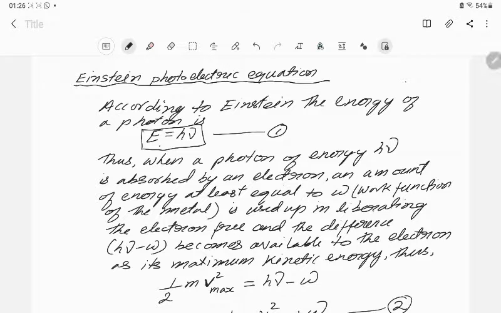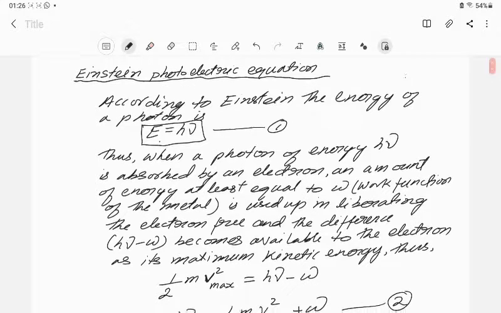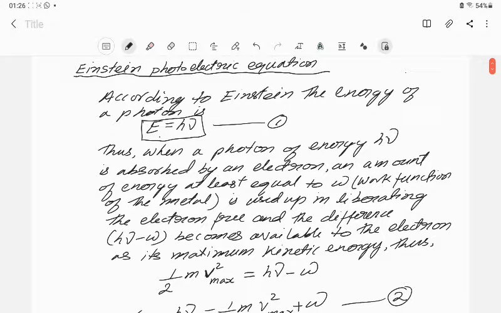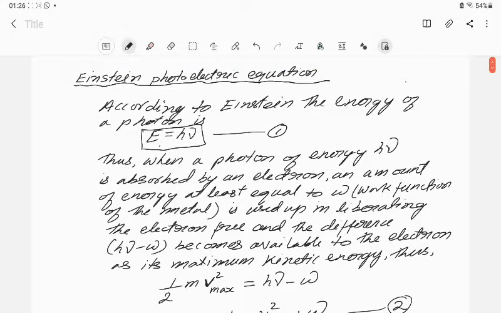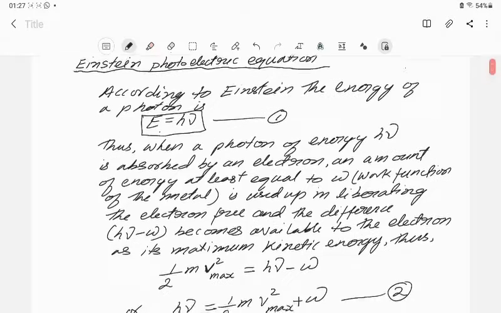When a photon of energy h nu is absorbed by an electron, an amount of energy at least equal to the work function is used up in liberating the electron, and the difference h nu minus work function becomes available to the electron as its maximum kinetic energy.